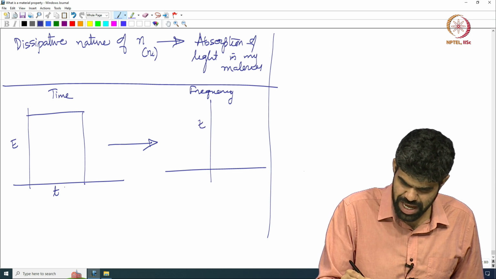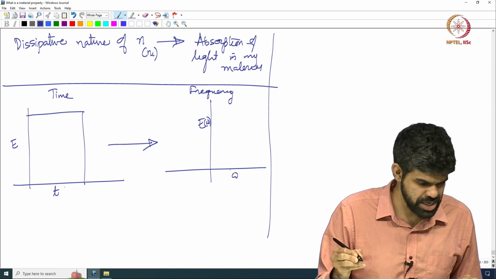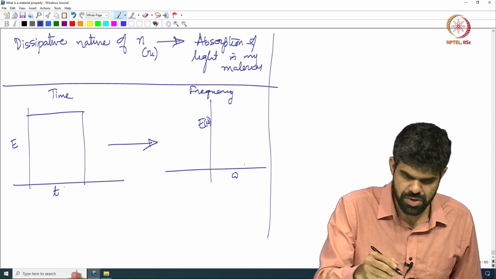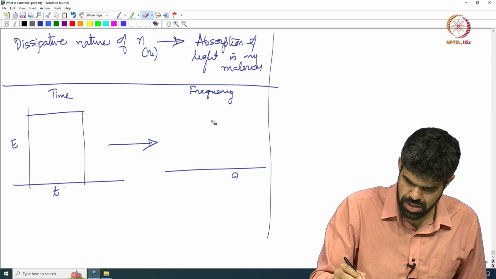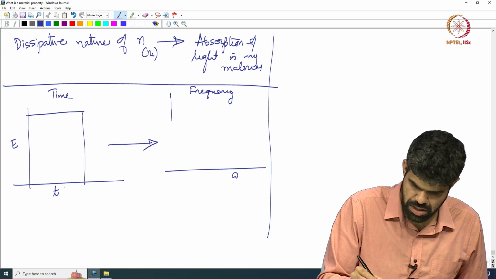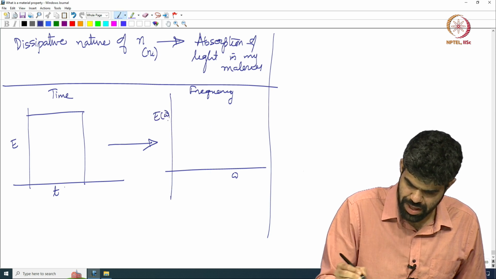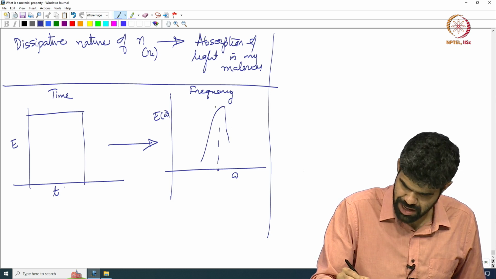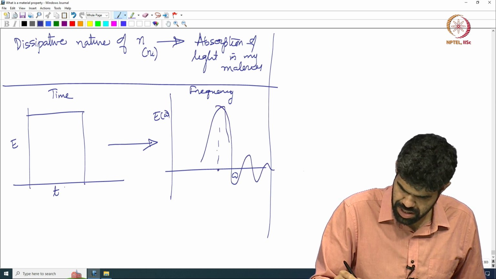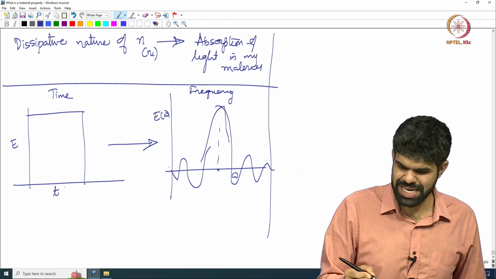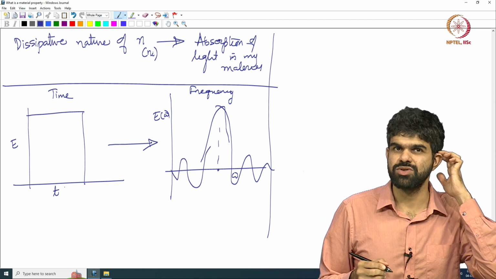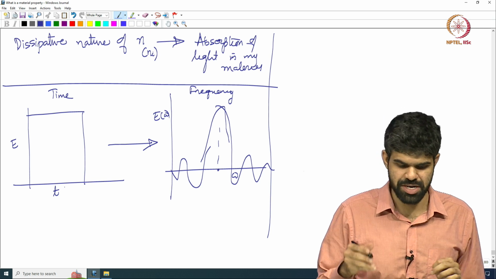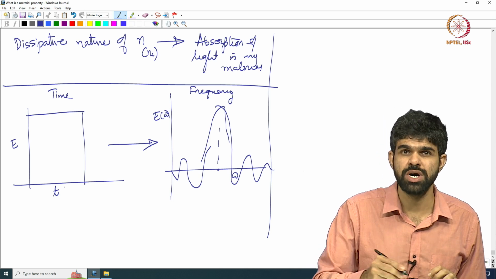So E of omega as a function of omega, if I look at it, let me draw E here. It peaks about some omega naught, and I have a response which is going to be like this, right. So it is a sinc function or a Bessel function; in 2 dimensions it is a Bessel function, in 1 dimension it is a sinc function, and so on and so forth. That is easy to derive actually.